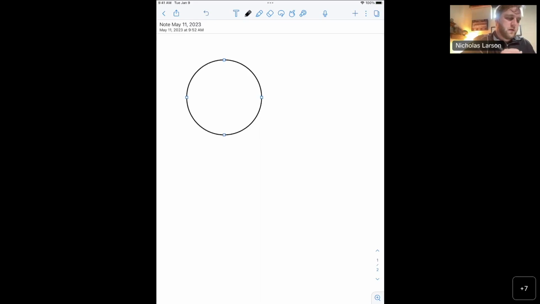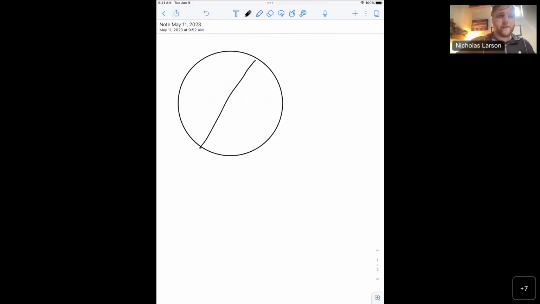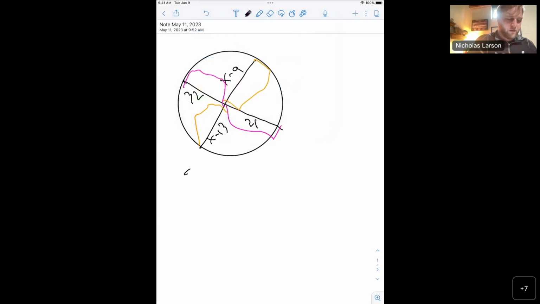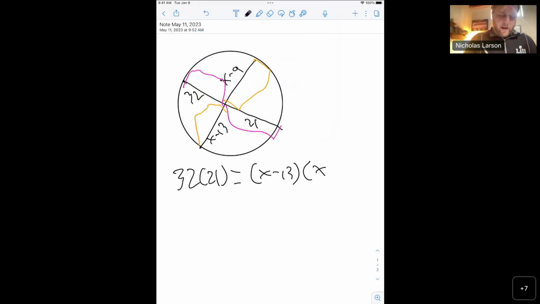Let's say we have this circle, and we had something like this, and something like this: x minus 9, x minus 13, 32, 21. I'm going to multiply this section by this section, and this section by this section, and set them equal: 32 times 21 equals (x minus 13)(x minus 9).